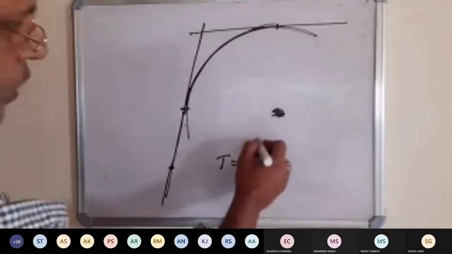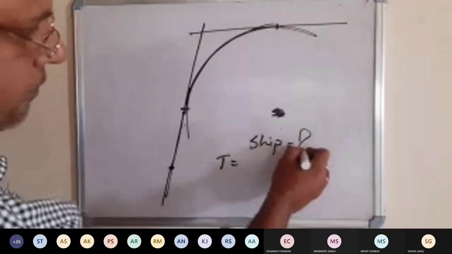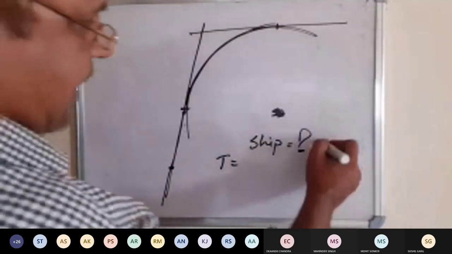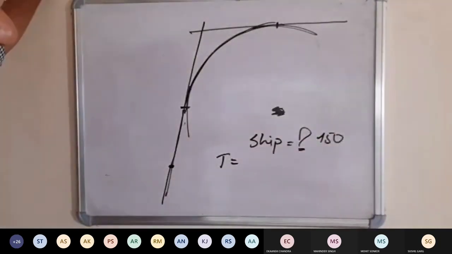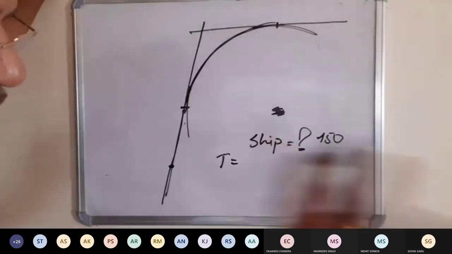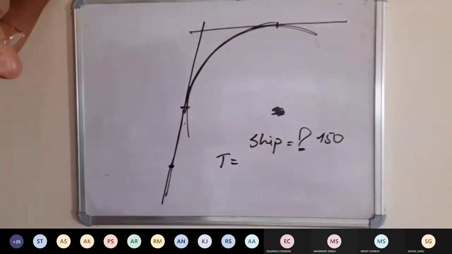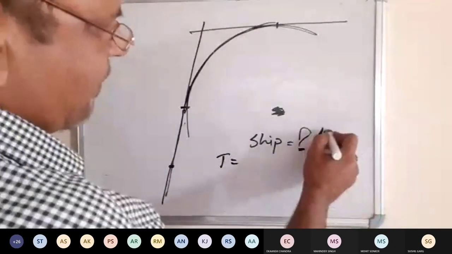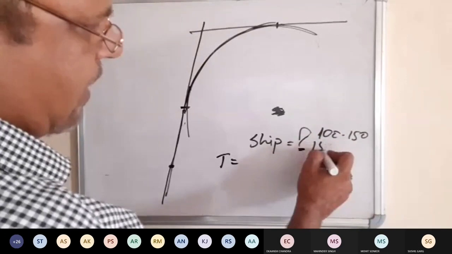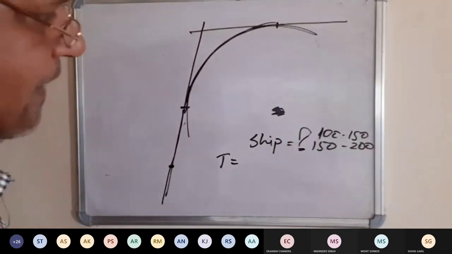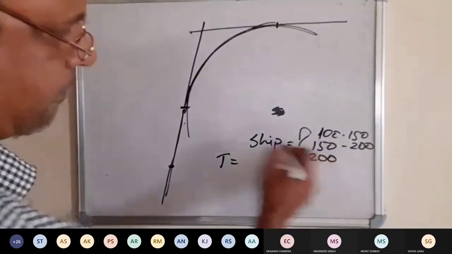How do we calculate? What kind of ship do we have? Is it a medium ship, large ship, or very large ship? If LOA is 150 meters, we'll consider it medium. 200 to 250 maybe large, over 200 maybe very large, whatever you decide. No specific length is given, so maybe you can take, for example, 100 to 150 as medium, 150 to 200 as large, and 200 and above as very large.